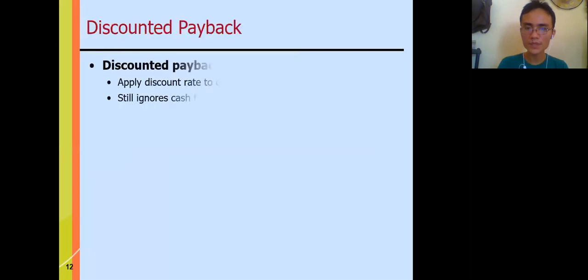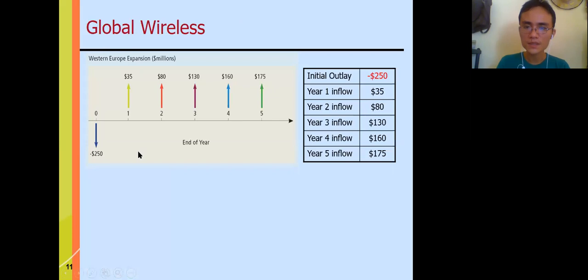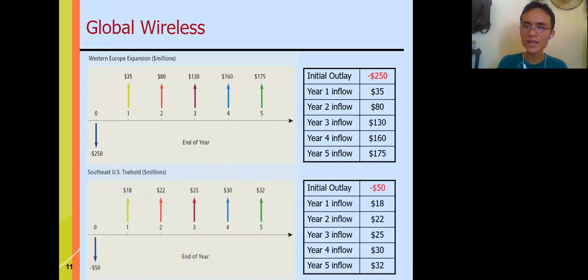So 1.18 rather. The rate is 18%. Okay, so 1.18 to the power of negative 1. So that could be 0.847458. So 6 decimal places, or you can copy everything, or use everything that comes out with your calculator.